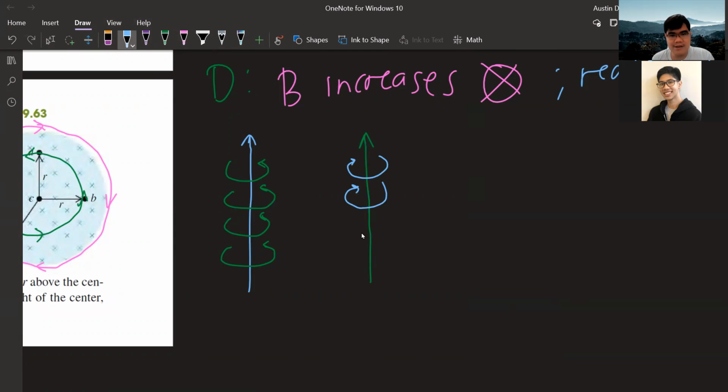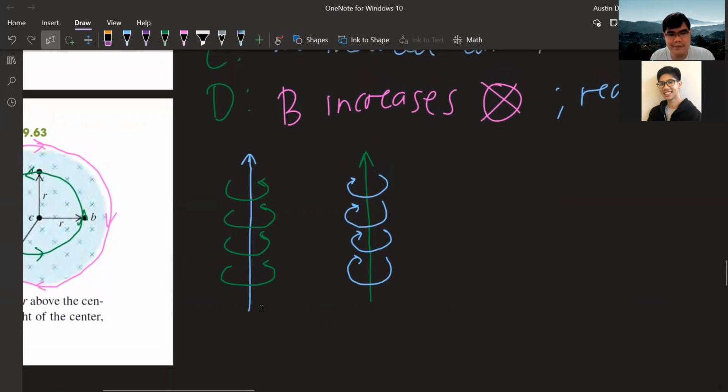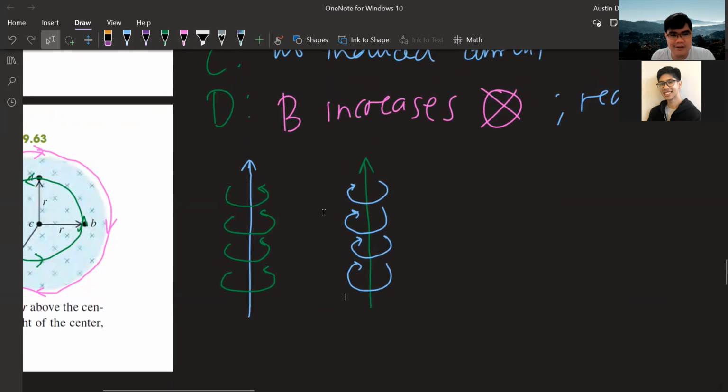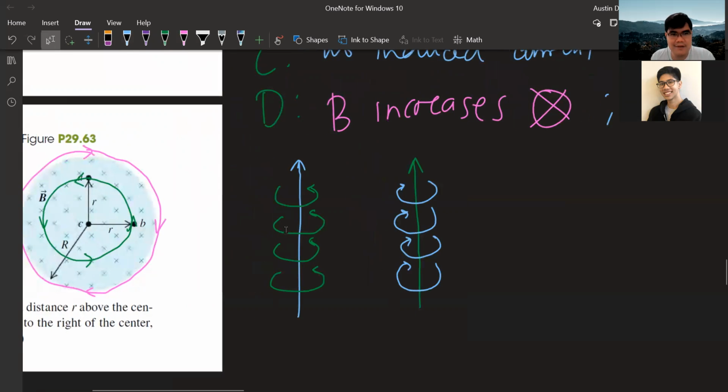Okay, so magka-partner lagi sila. Kapag yung isa naka-curl, yung isa nakabilog, yung isa naman straight line. Kapag isa straight line, isa naman nakabilog. Okay, bakit pa ganun yung direction? Kasi, di ba, Faraday's law, negative yung.